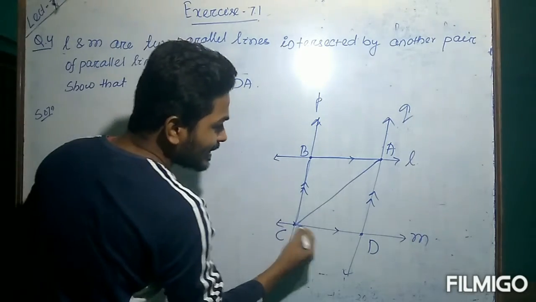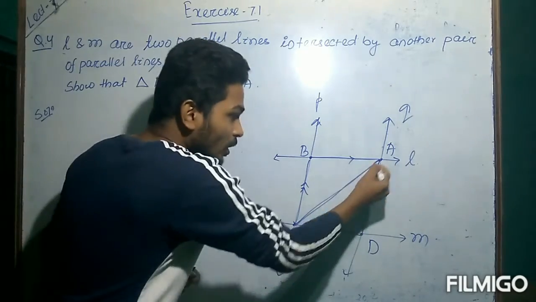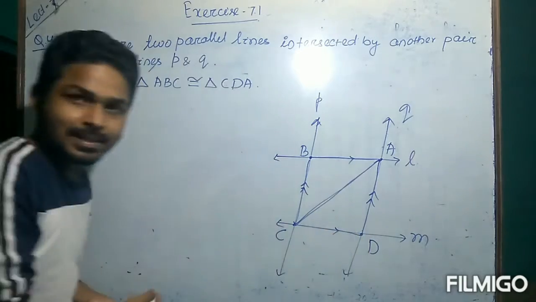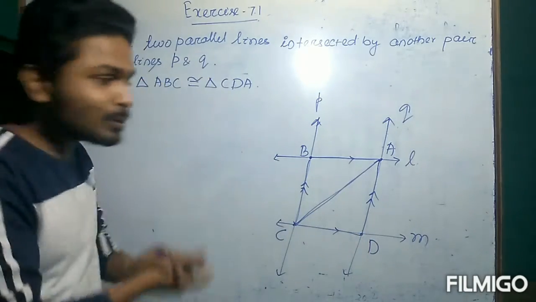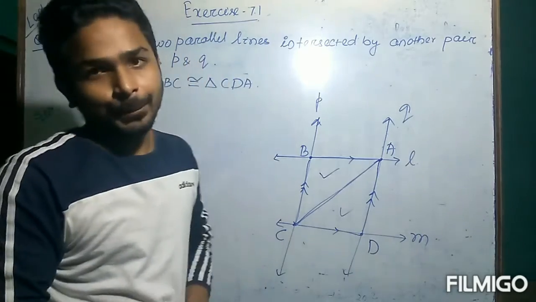So whenever we draw this line, this quadrilateral is divided into two triangles, and we have to show that this triangle is congruent to this triangle.